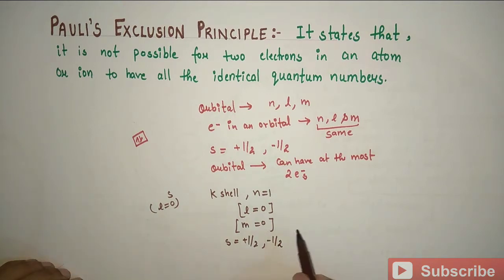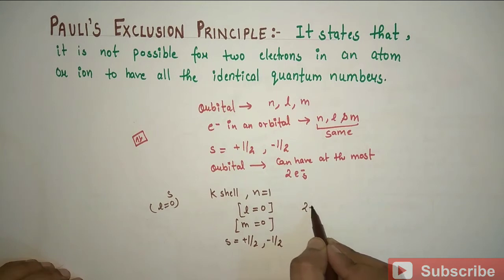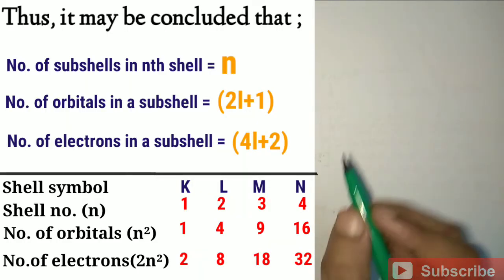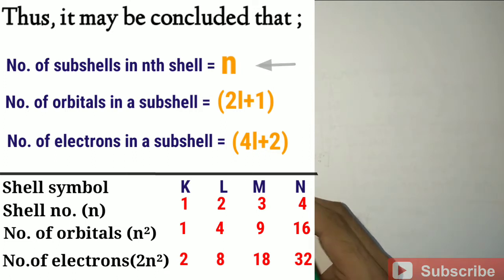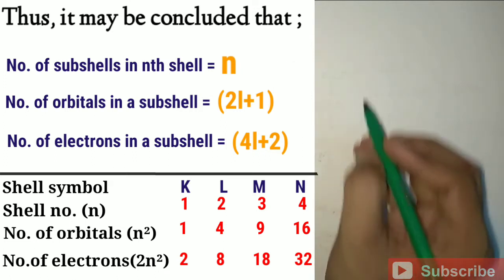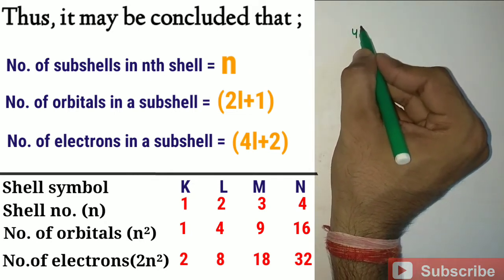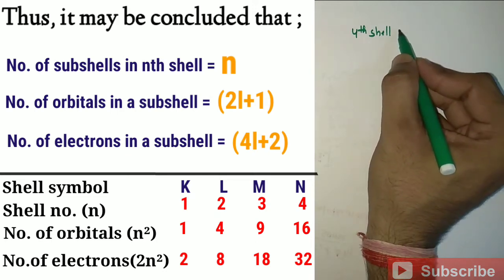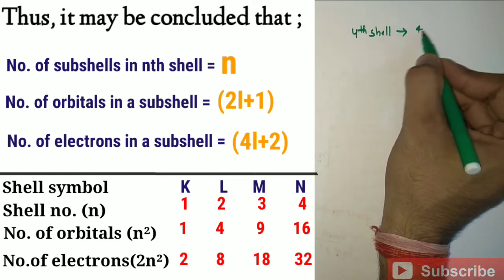This leads to the conclusion that an orbital has a maximum of 2 electrons. It may be concluded that the number of subshells in the nth shell is equal to n. For example, if we are talking about the fourth energy level or the fourth shell, it will have 4 subshells.